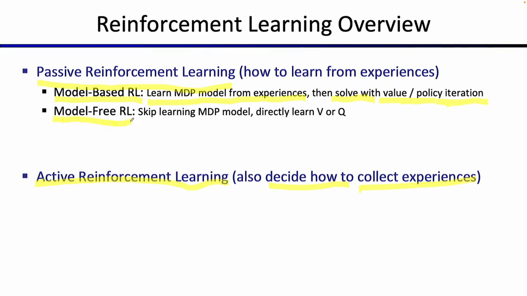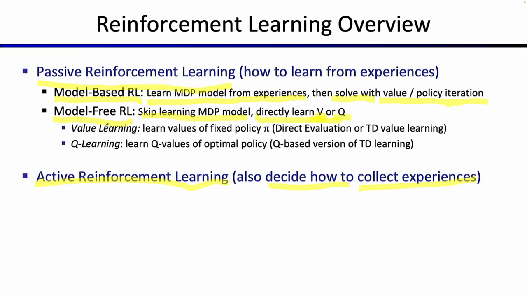Then, as an alternative, because it seems somewhat costly to build a model of the world just so that I can act in it, maybe we can just learn how to act, or learn to evaluate our policies, on the fly. So we proposed to skip learning this MDP and just directly learn the V values or the Q values.